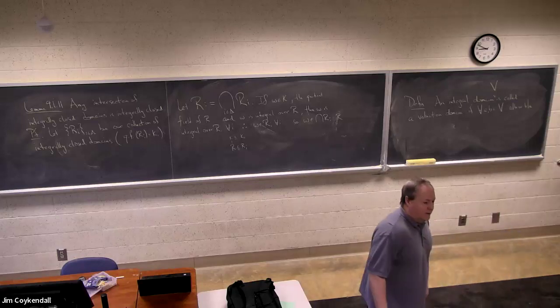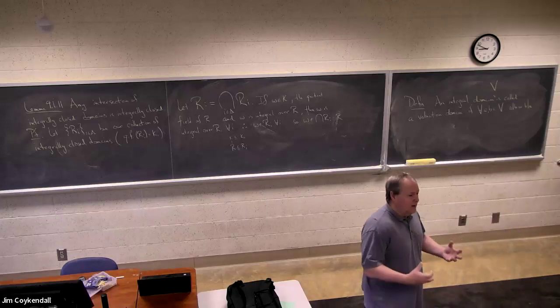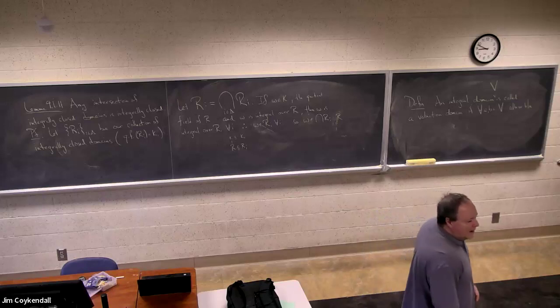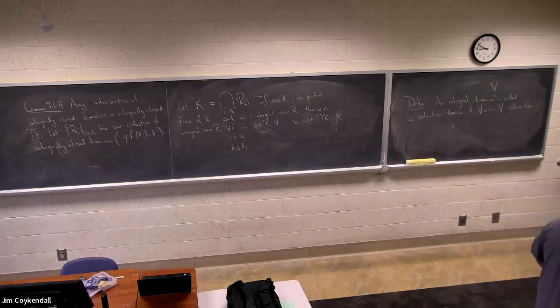So what does valuation domain mean? It means if you pick two elements at random, one of them has to divide the other. I bet you all can think of a large class of valuation domains. Don't talk about order, right? You don't talk about A is less than or equal to B, right? That's right.